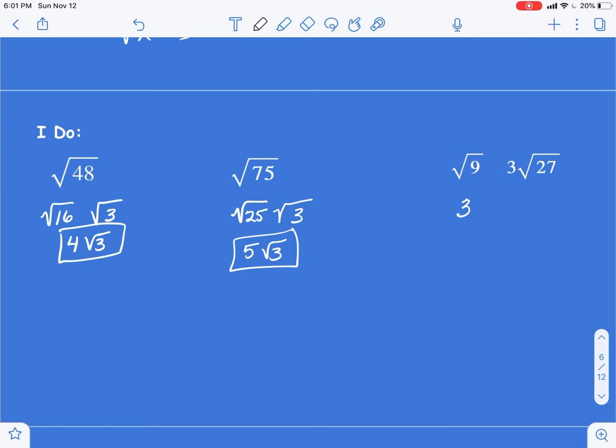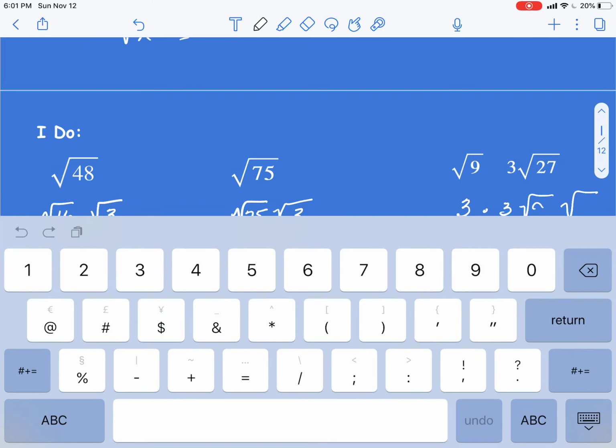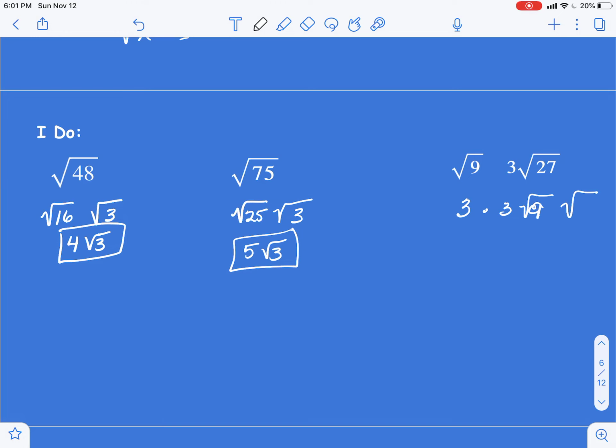Now this is 3 times the square root of 27. So I'm going to break the square root of 27 down. Okay? And that's 3 and 9. I'm going to flip those around, just like I was doing earlier. So 9 and 3. The square root of 9 is 3.